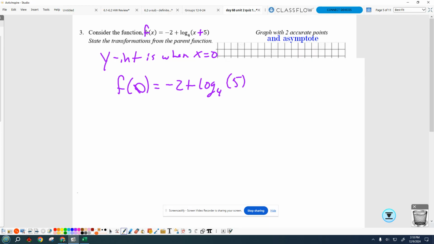All right, evaluating this. 4 to what power equals 5? Zara's got the answer. She wrinkled her little eyebrows and was like, what? I don't know. Is it bigger than 1, less than 1? 4 to what power is 5? Bigger than 1, is it bigger than 2?